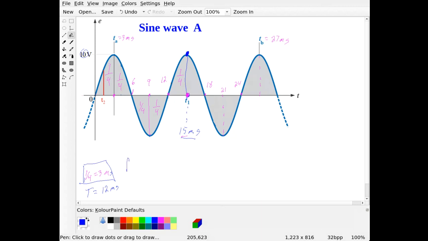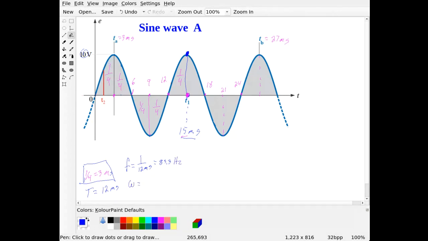All right, and so therefore we can define the frequency as 1 over 12 milliseconds, which is 83.3, if I calculated it right, 83.3 hertz.